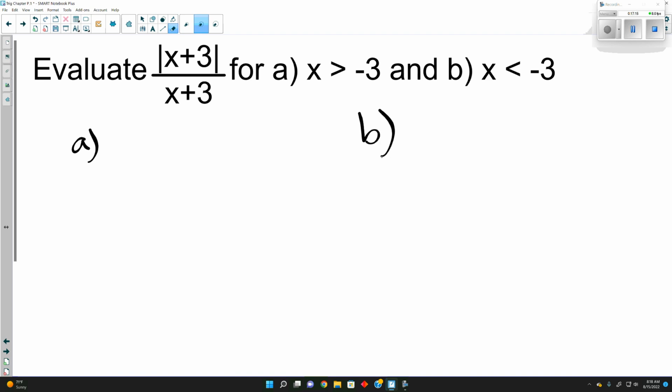B. So we have the case where x is greater than -3 and x is less than -3. Well, what happens if x is -3? The numerator is going to become what? -3 plus 3 is 0. The denominator will also be 0, so it doesn't work as a function. We won't have a point there.